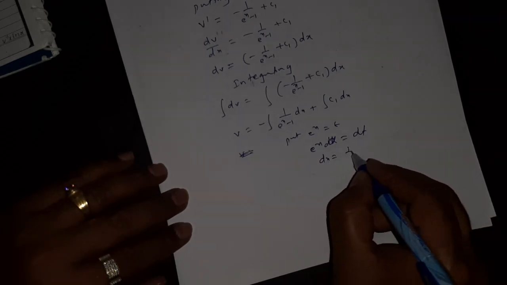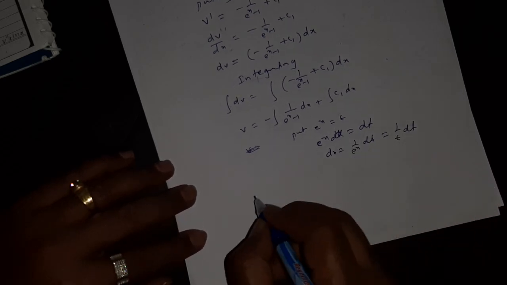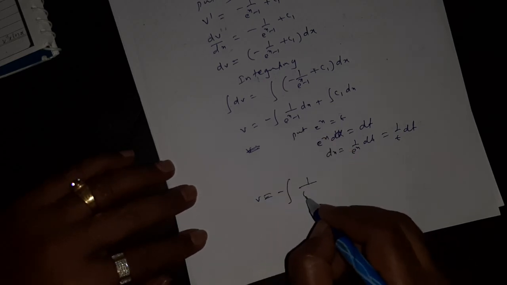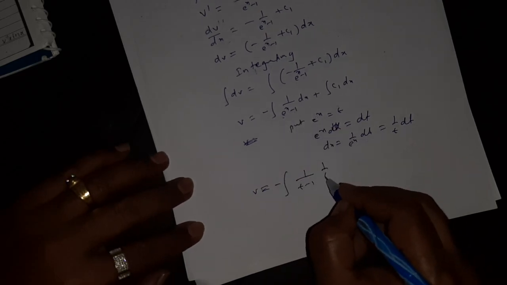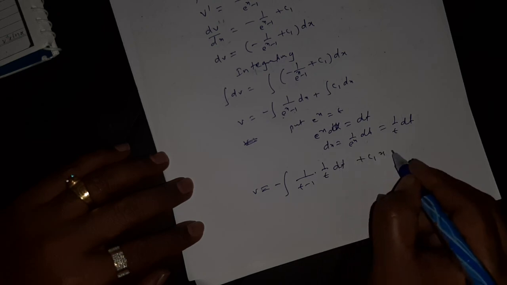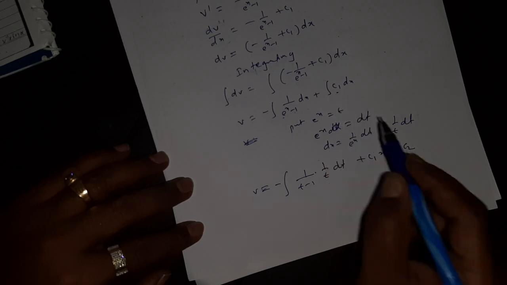So dx is 1 by e raised to x dt, that is 1 by t dt. So we have v is equal to minus 1 by t minus 1, and e raised to x is t, so 1 by t dt, plus c1x plus c2. Integration of c1 is c1x plus c2.